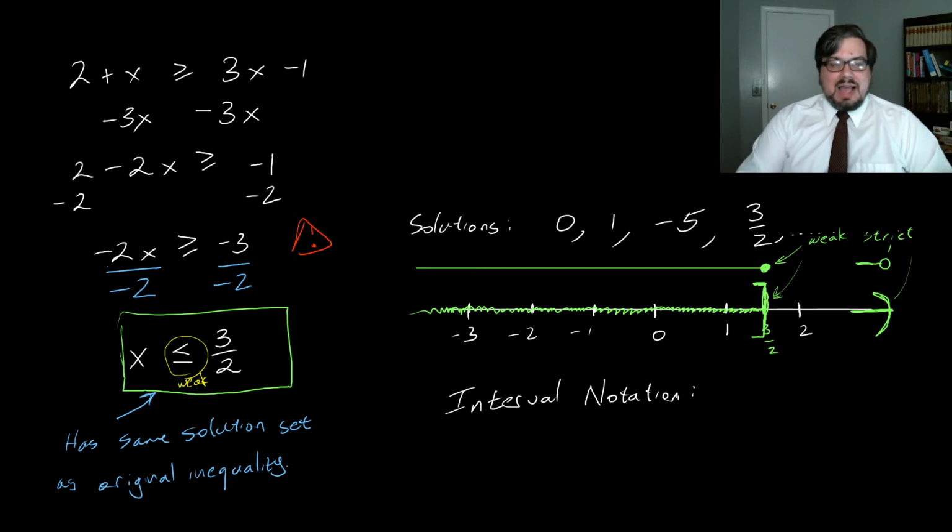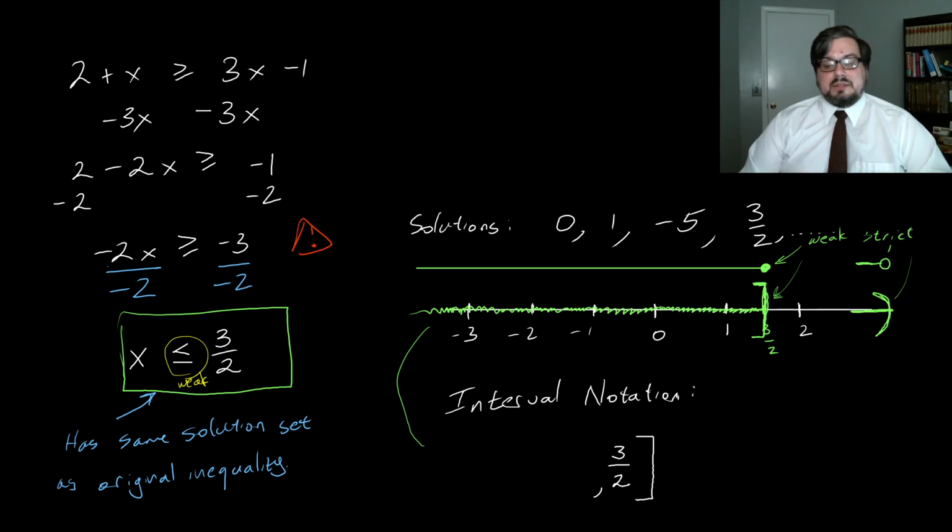So in our case up here, we can look at the interval of our green shaded region, and let me start on the right-hand side of the notation. The right-hand side of the notation is similar to the notation that we used on the number line. It's going to use the number 3/2 with a square bracket.